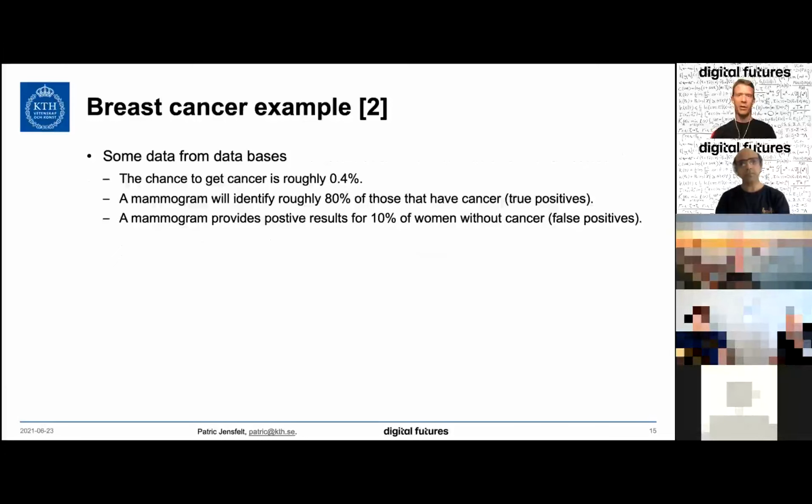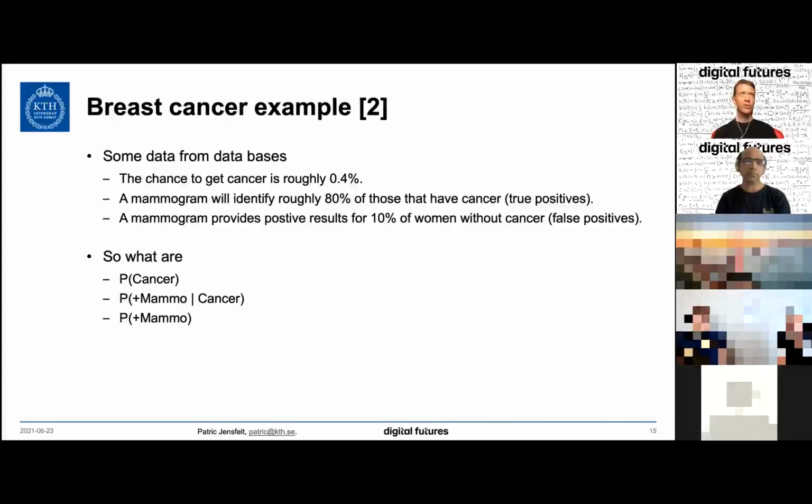And then if you look at the performance of the mammogram as a technology, then they will identify about 80% of those that have a cancer. So those would be the true positives. And about 10% of the cases where the mammogram says this woman probably has cancer, it's actually a false positive.